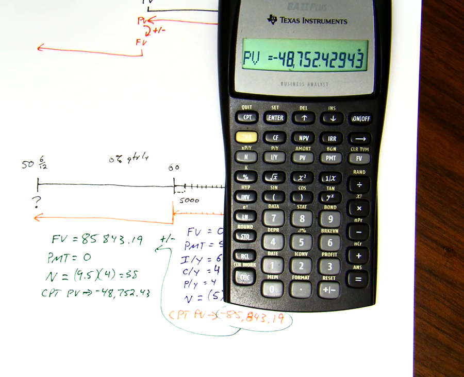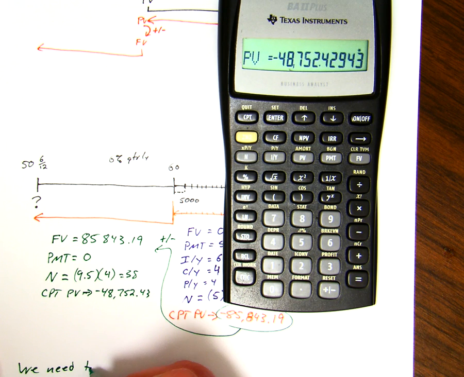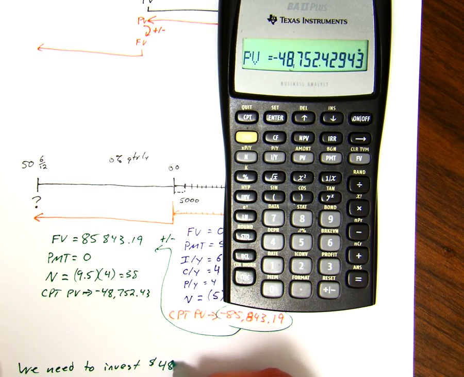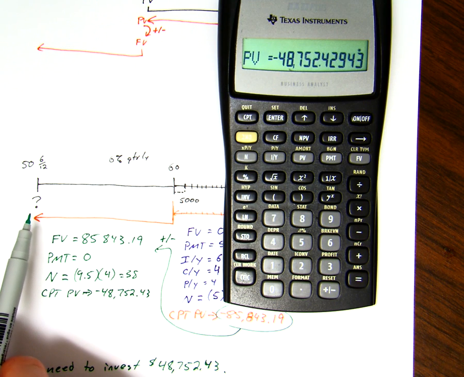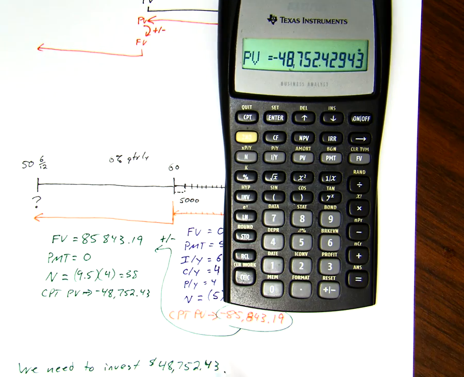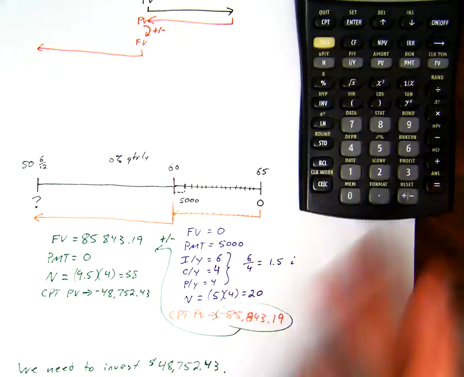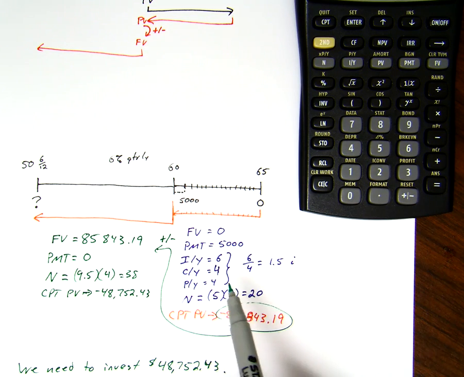So we need to invest $48,752.43 halfway through the 50th year, so that by the time we get to age 60, we have $85,000 in the bank, and then we can withdraw $5,000 quarterly payments until age 65, and in the end, we'll have $0.